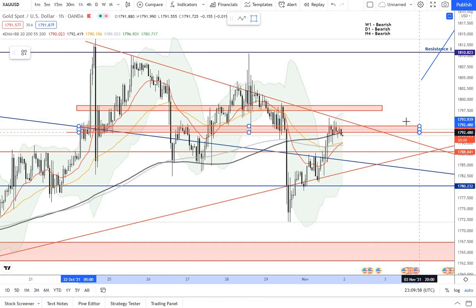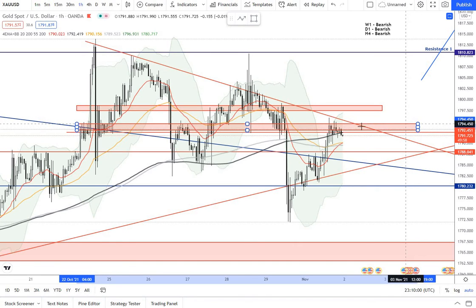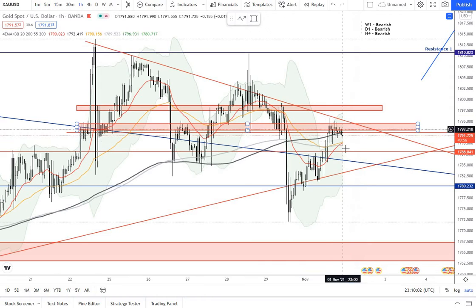So last night it had rebounded here, right, and then it could potentially fall further to 1788, or perhaps 1790. All right, so let's see how it goes. It could potentially be coming down this week as well.